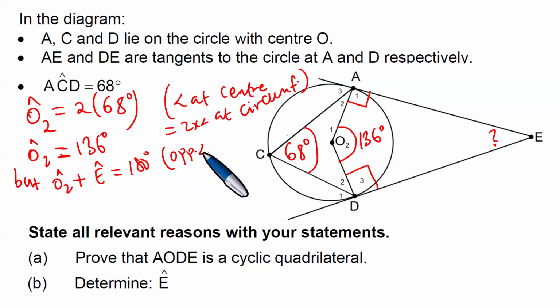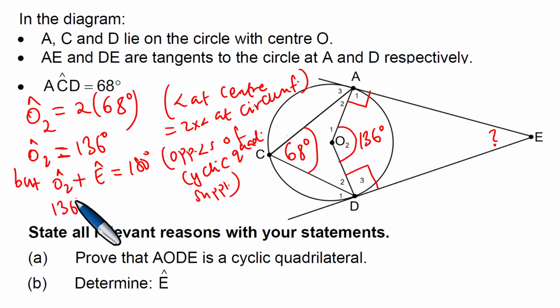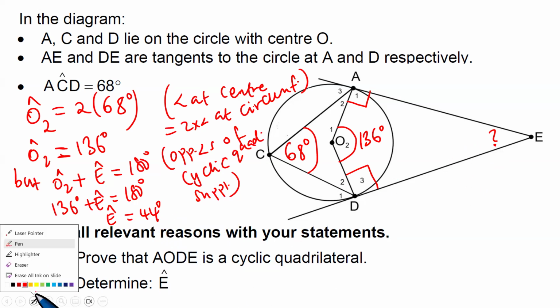So the opposite angles of a cyclic quad are supplementary. So that in the end, we have 136 degrees plus angle E equals 180 degrees. And therefore, angle E is 180 minus 136, which is 44 degrees. So that in the end, we have that this angle here is 44 degrees.